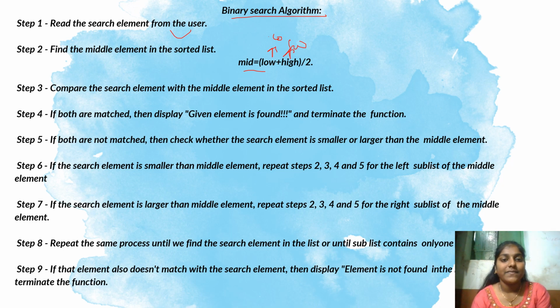Then we need to compare the search element and the middle element in the sorted list. If they both are matched, we can say that the given element is found and terminate the function. It's simple. If they both are not matched, we need to check whether the search element is smaller or larger than the mid element.